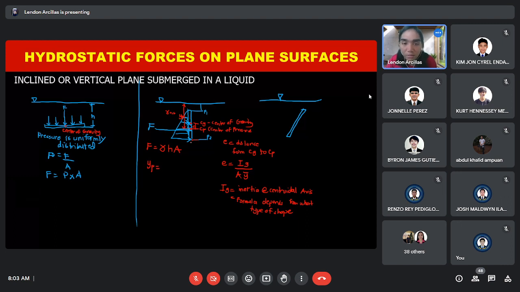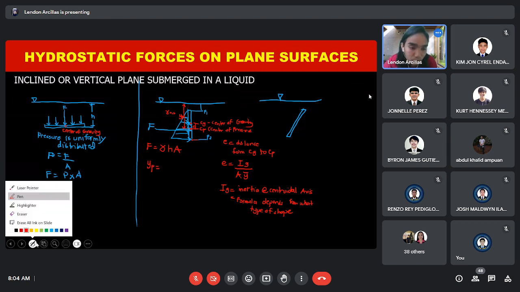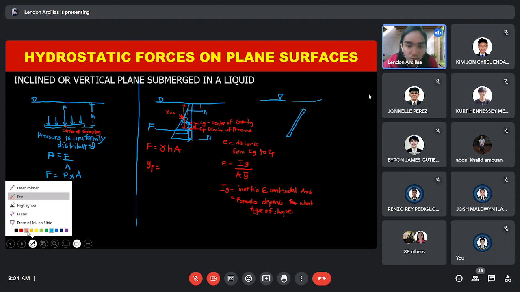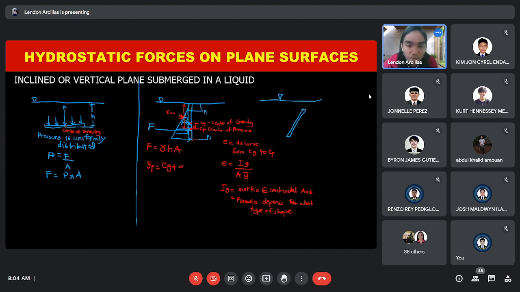Gets yon? So, from the surface, that means, pag yung object example ay nasa surface, so this is CG plus E. Okay? This is the location of pressure.